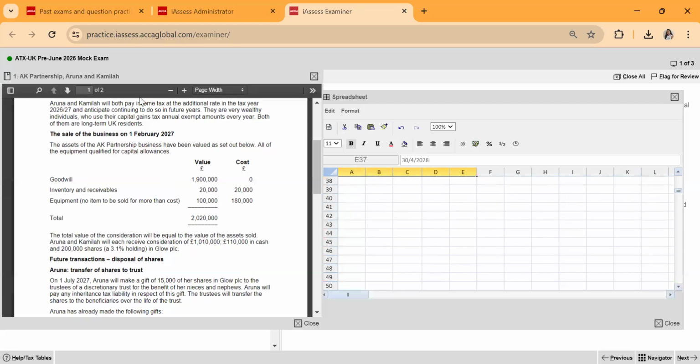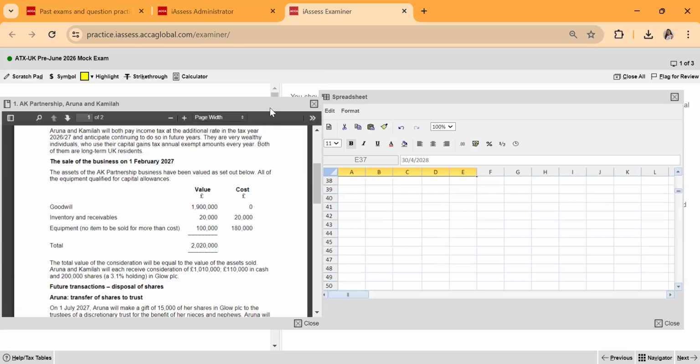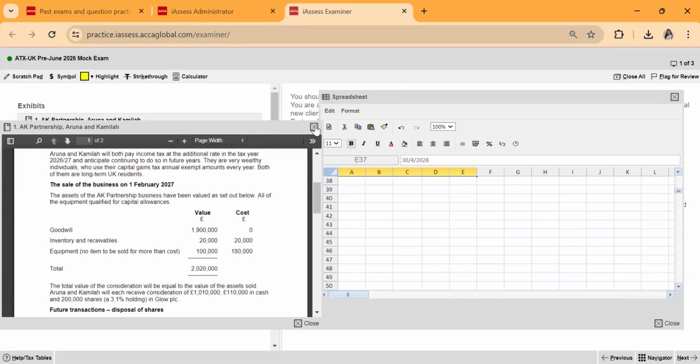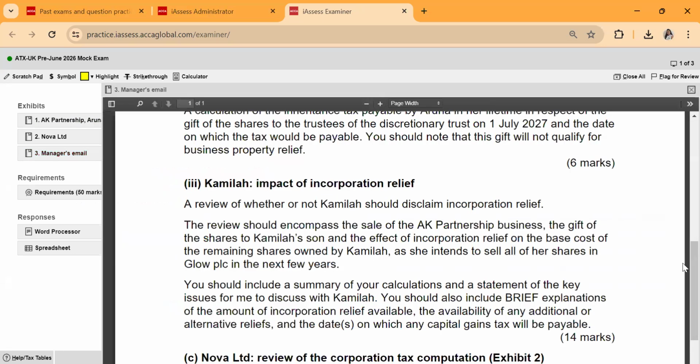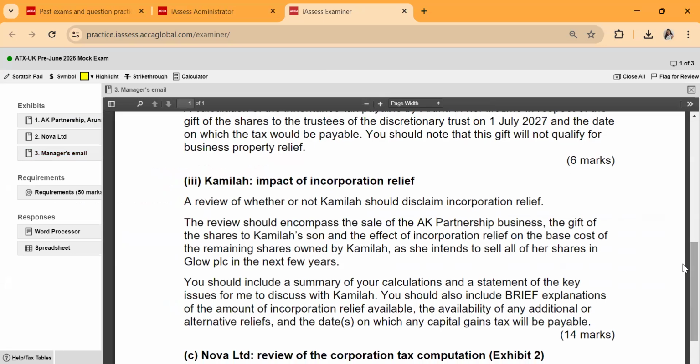Madhvan, I will just open the exhibit of the question. I want you to go through it first, and then we will discuss the answer. Since you missed out on the question, kindly just read it quickly, only the Kamila part, please.